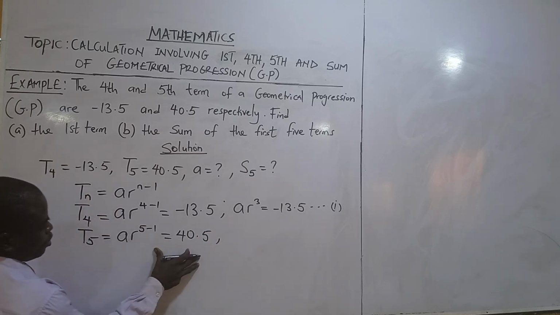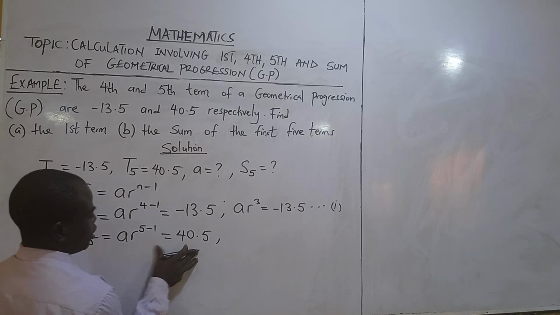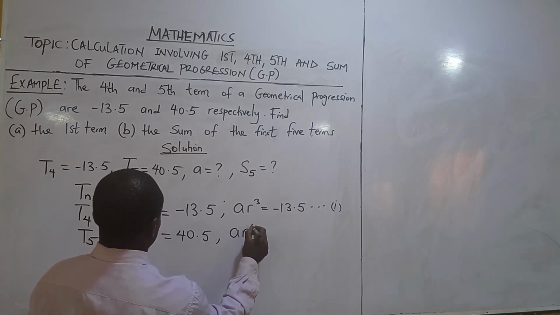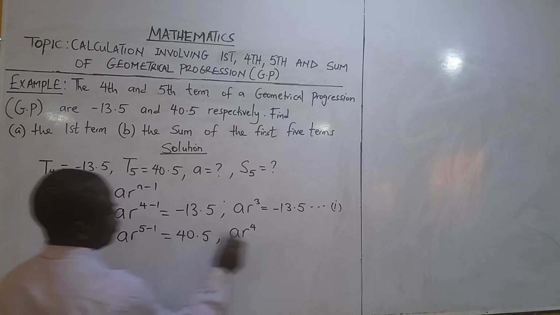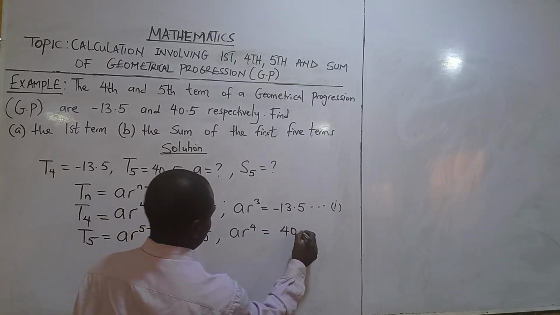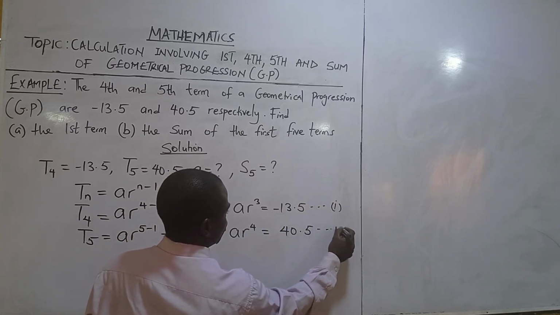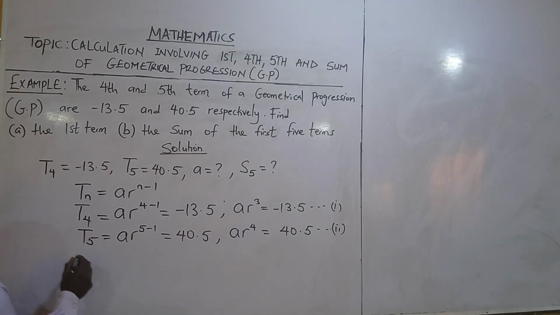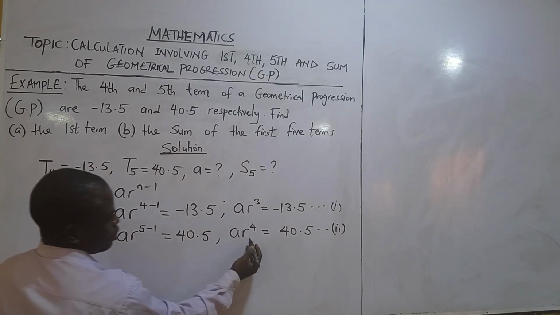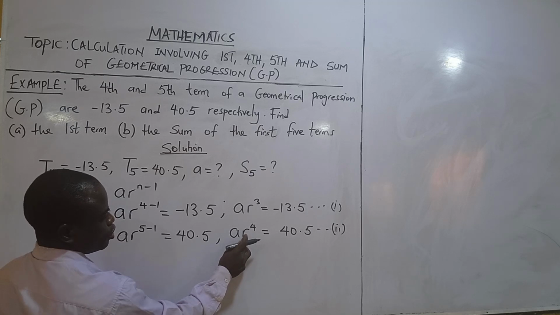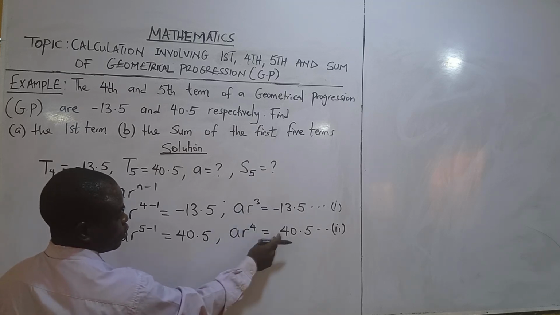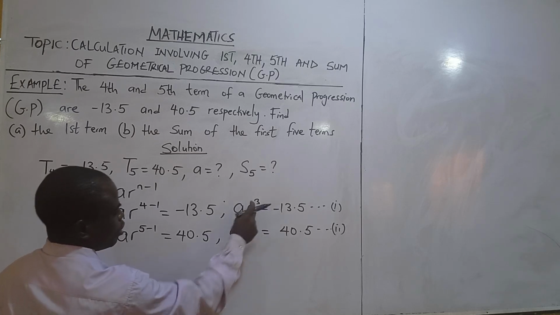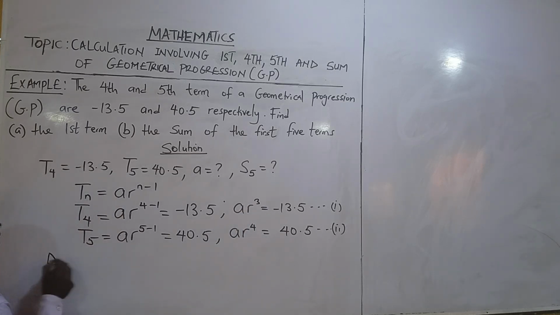Leave this. Let's concentrate on this side. You have a r raised to power 4, since 5 minus 1 is 4, equals 40.5, equation 2. Since the power of the common ratio in the second equation is greater than in the first one, we now divide equation 2 by equation 1.